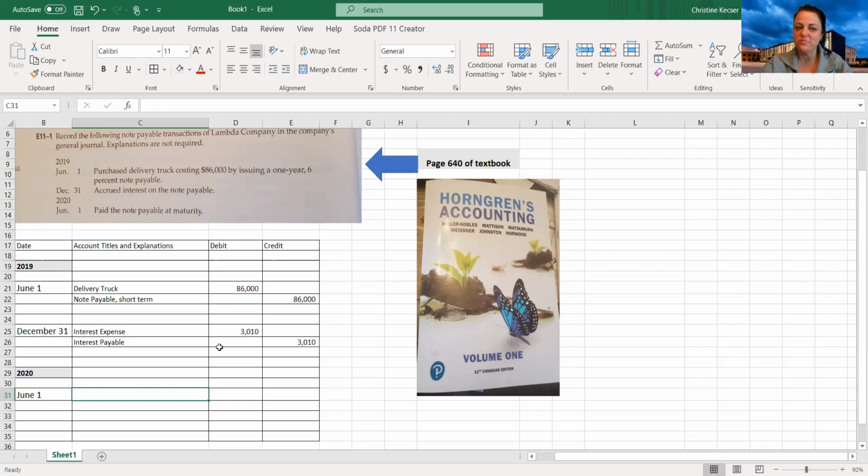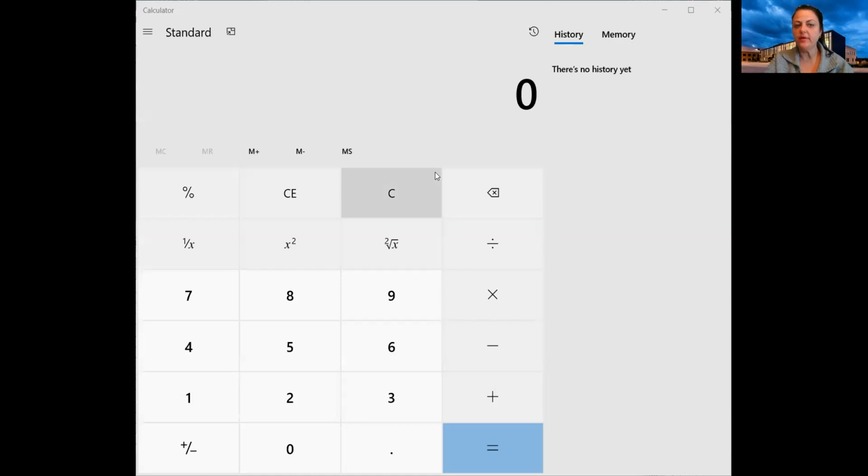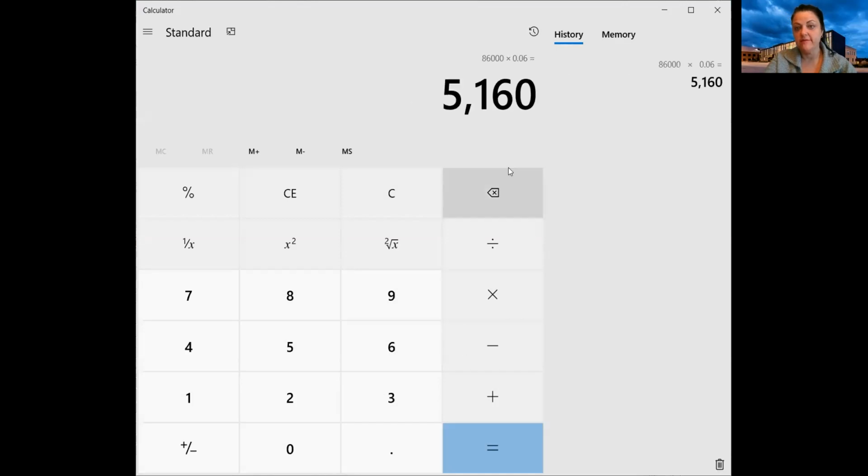We kind of figured this out before on our calculator, but let's go ahead and do that again. Now that the note payable has matured, and we know that it was for 1 year, we can just simply use the annual interest rate. So it was $86,000 multiplied by 0.06. $5,160 is the amount of interest that is owing on this note payable at its maturity, which is what we're doing right now.